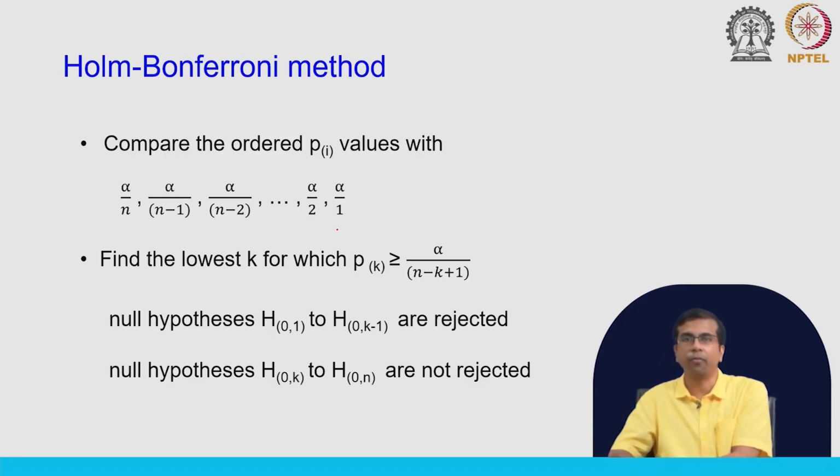That is why we find this lowest k for which this condition is satisfied, and then we reject the null hypotheses h naught 1 to h naught k minus 1, and we do not reject h naught k to h naught n. So, again this method is less conservative. As you can see, we are changing the significance cutoff, the threshold for calling significance, from most stringent to less stringent, based on the p value ordering.